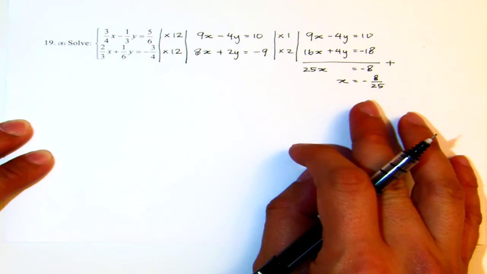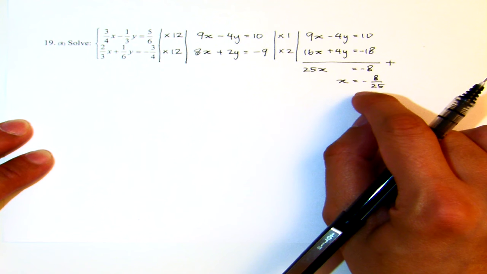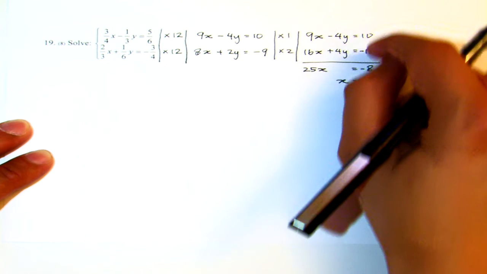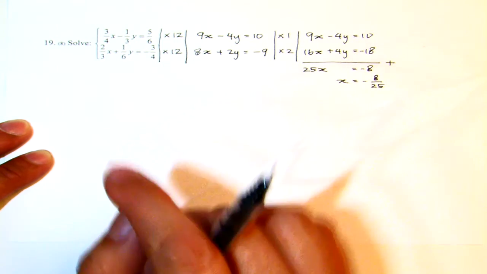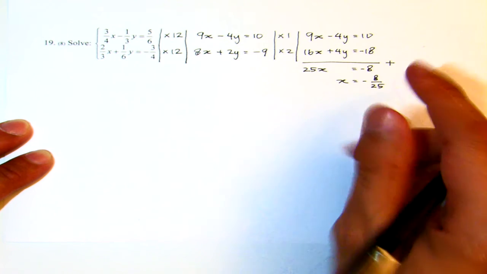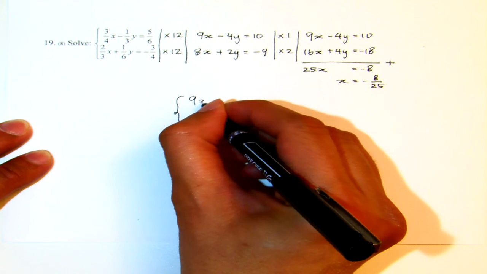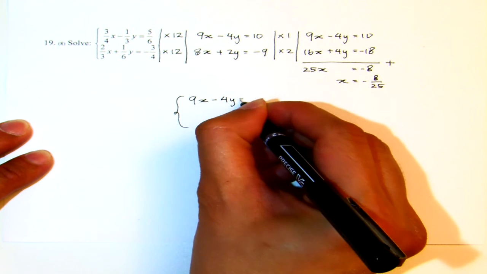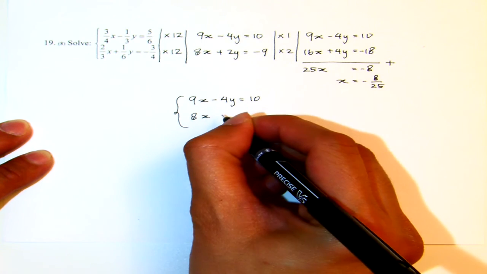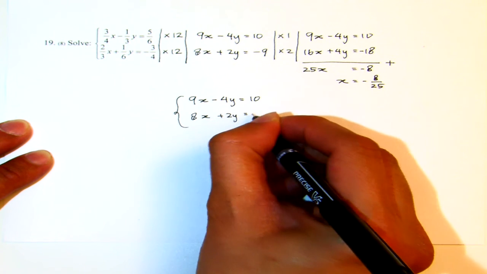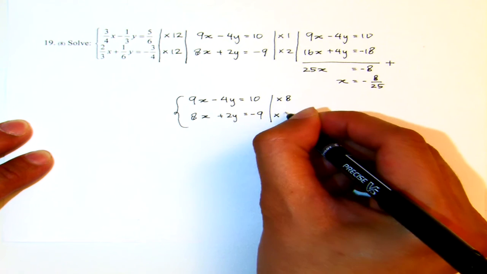Okay, now what I will do next is to find y. What we usually do, we substitute, we take either one of these equations and we replace the x by this value and solve for y, right? But because this x is a fraction, it may be better for us to redo this system from the modified one, and instead of eliminating the y, we will now eliminate the x. I will multiply this by 8 and this one by -9.